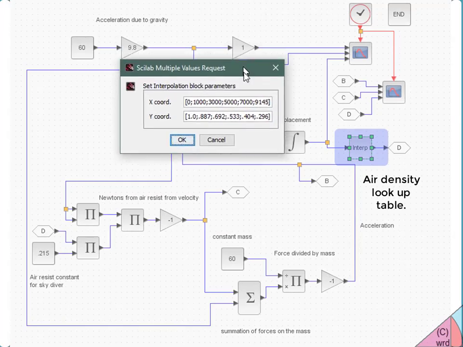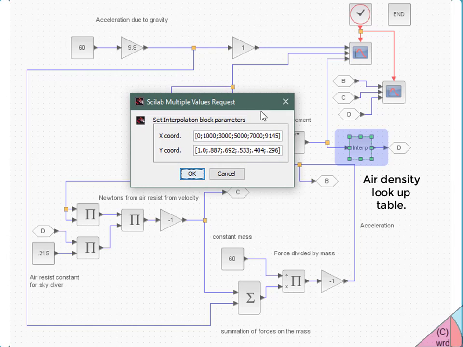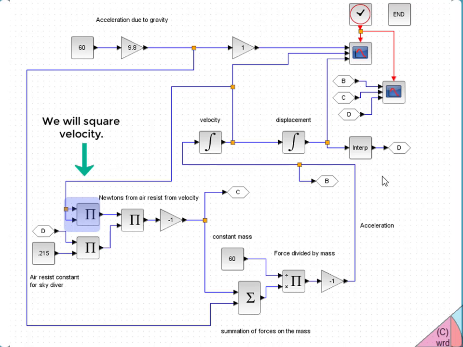The first step in making up air resistance is to get air density from altitude. Here is the lookup table that does this. Second step in making up air resistance is to square our velocity. We do that here. Now we need to get our shape and size factor into the mix. Here it is.